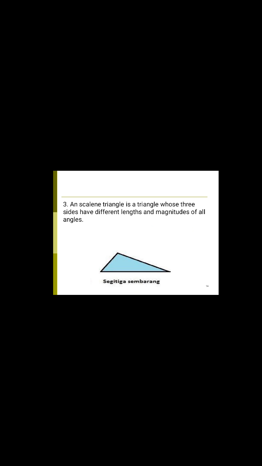Second, an isosceles triangle is a triangle whose two of the three sides are the same length and has two equal angles. Third, a scalene triangle is a triangle whose three sides have different lengths and all angles have different magnitudes.